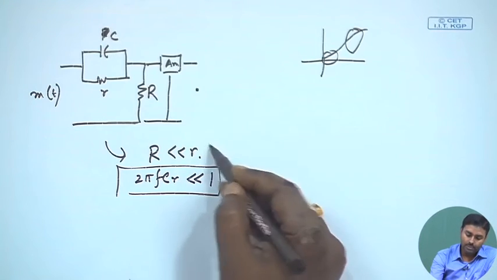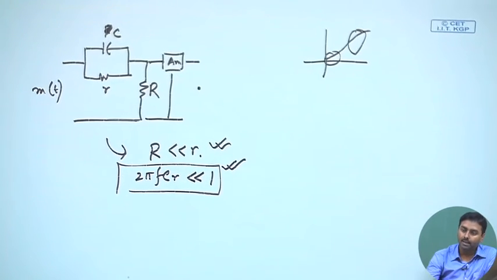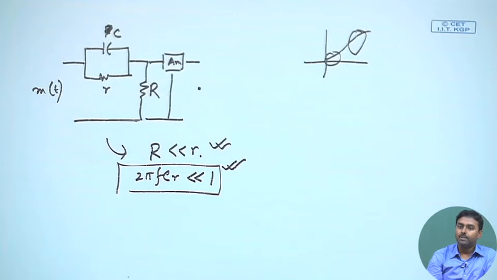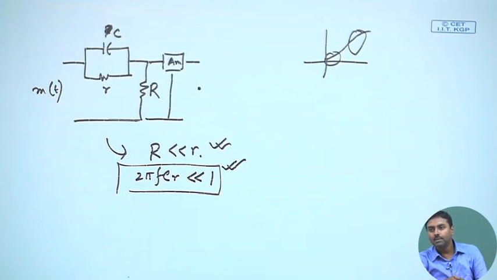These two things we have to ensure to make the high pass filter, so that at the lower band also it is passing something, otherwise the message signal will be completely suppressed. I do not want that. I just want to emphasize the higher frequency part.